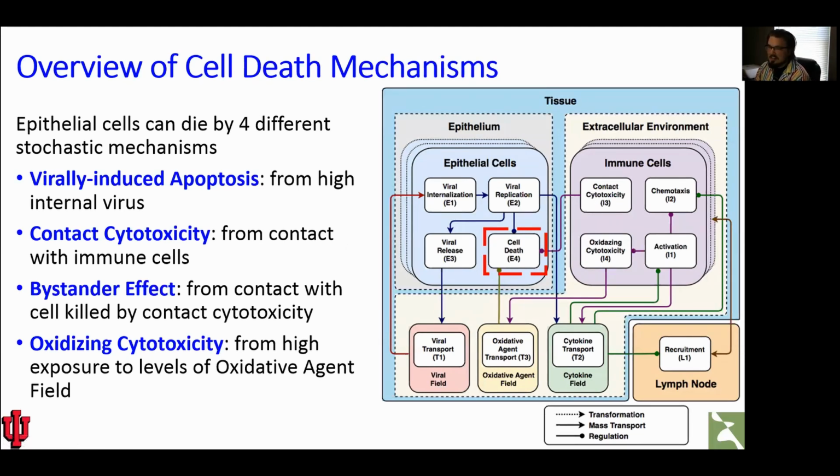The third is the bystander effect, and this is the case when an epithelial cell's neighbor is killed by contact cytotoxicity, in which case it also has a chance of dying. And then the fourth is oxidizing cytotoxicity, and this is due to the secretion of the oxidative agent. In high levels of this field, there's an increasing chance that an epithelial cell dies.